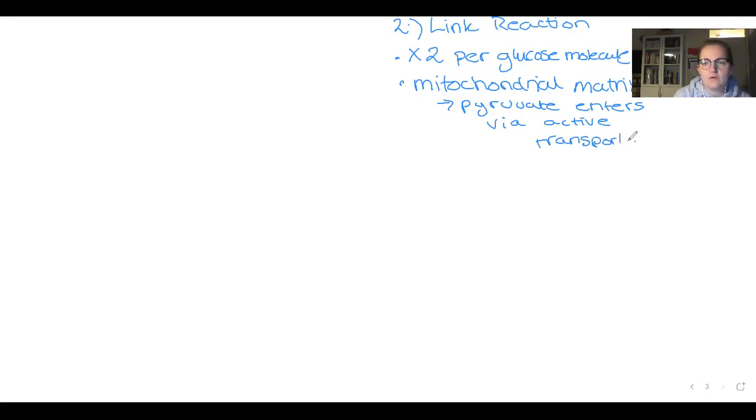Okay, so let's talk about the link reaction then. So we're going to start off with pyruvate. Pyruvate is a 3-carbon molecule.